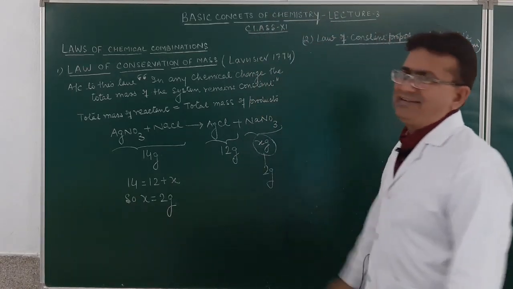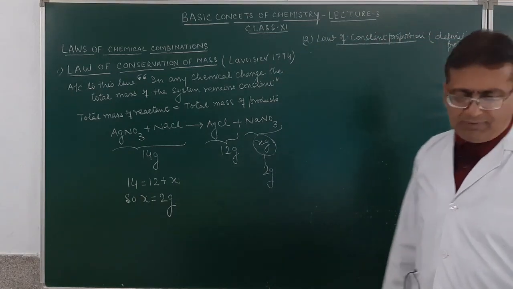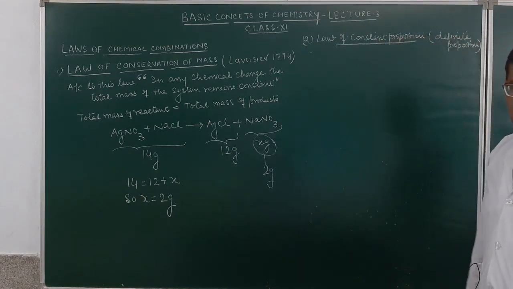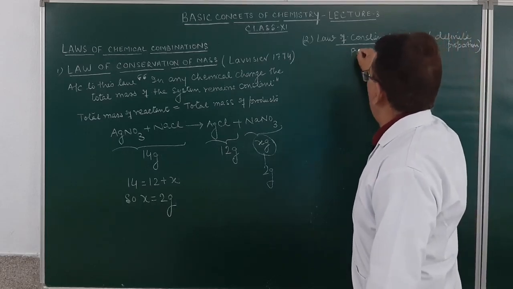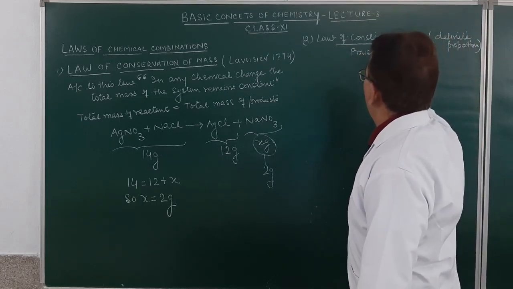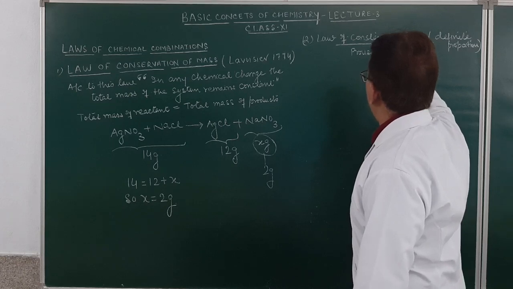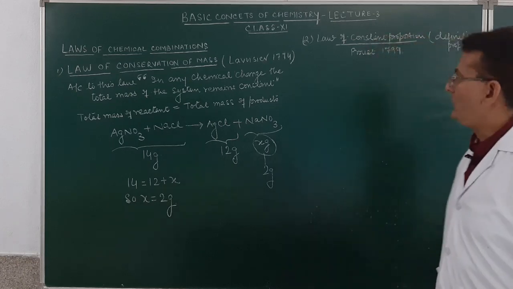First of all, who gave this law? This law was given by the scientist Proust, and when? In the year 1799. So the law was given by the scientist Proust in the year 1799. Am I clear?